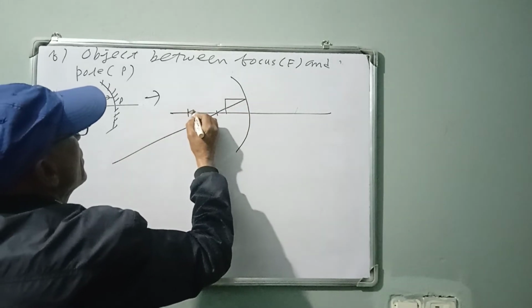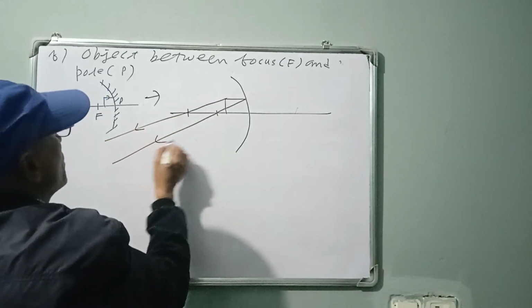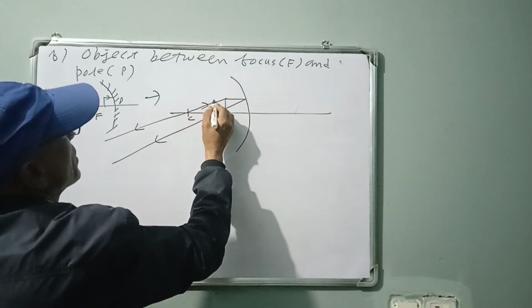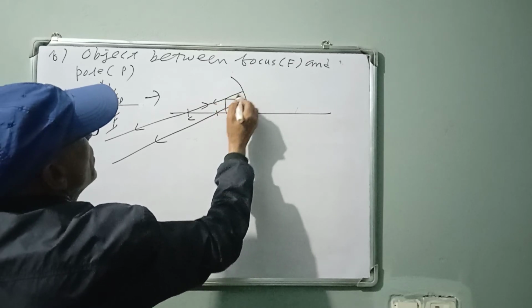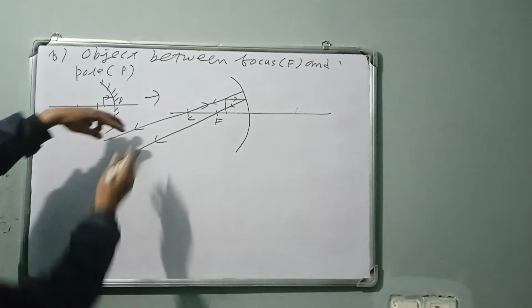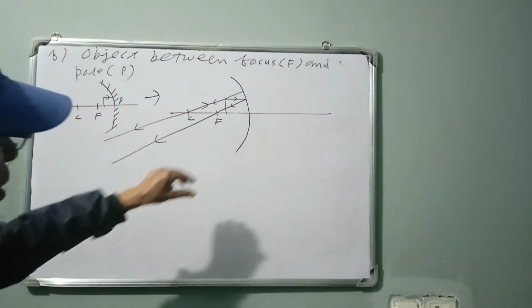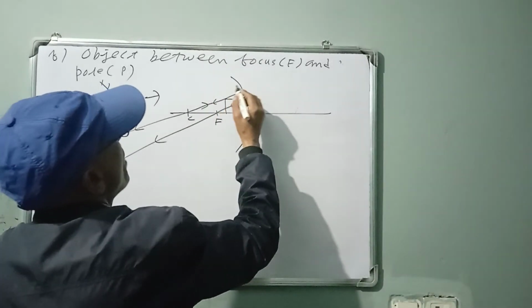Another ray which passes through the optical center will return. Then what happens? These two real reflected rays don't meet each other. So you have to produce them back.